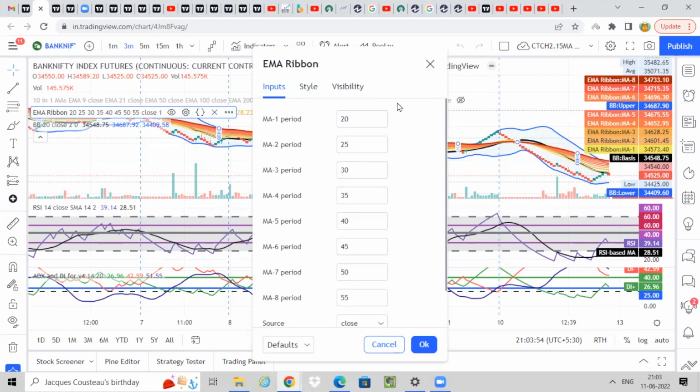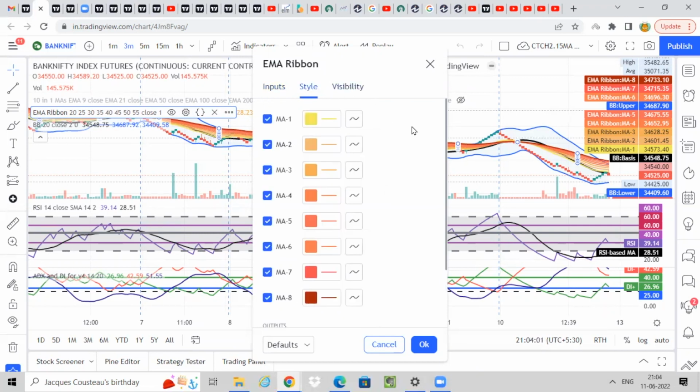All these are moving averages, 8 periods. Go to style, they have given different colors, right? So this is the ribbon consisting of 8 slow and short moving averages. Now close this.